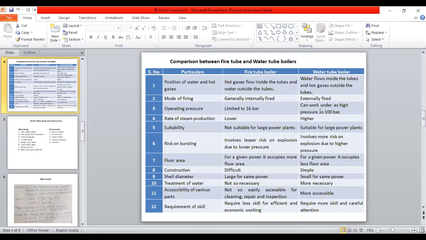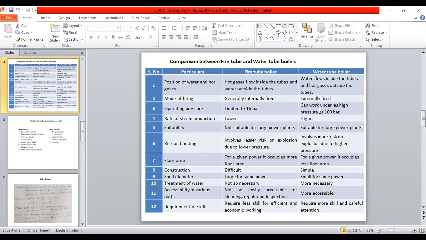Risk of bursting involves lesser risk in the fire tube boiler, and more risk in the water tube boiler. Fire tube boilers occupy more floor area compared to water tube boilers. Construction is difficult for the fire tube boiler compared to water tube boilers, and the shell diameter is large for the same power produced compared to the water tube boiler.